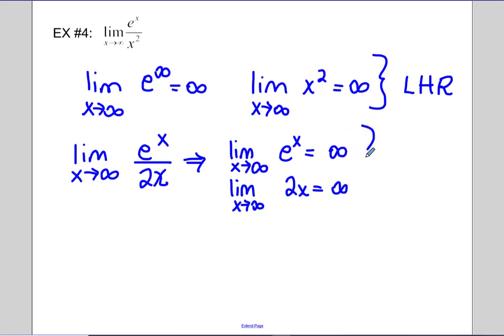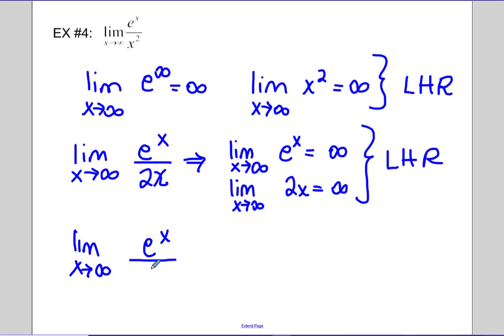That's still case 1, so we can apply L'Hopital's rule a second time. And the derivative of e to the x is e to the x again, and that's infinity divided by 2, which tells us that the function is unbounded in a positive direction to infinity. So this was still case 1, but we applied L'Hopital's rule twice in this case.